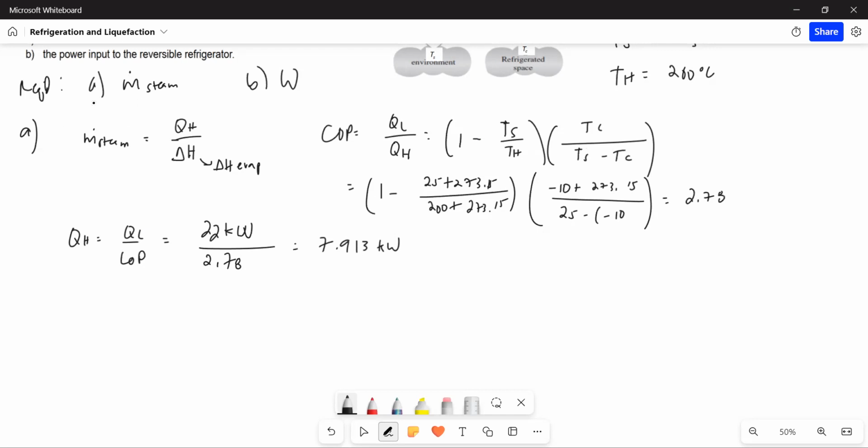So now we can use this formula to solve for the mass flow rate of the steam.